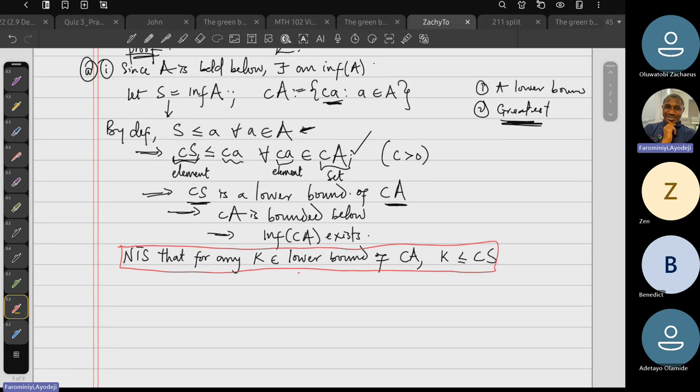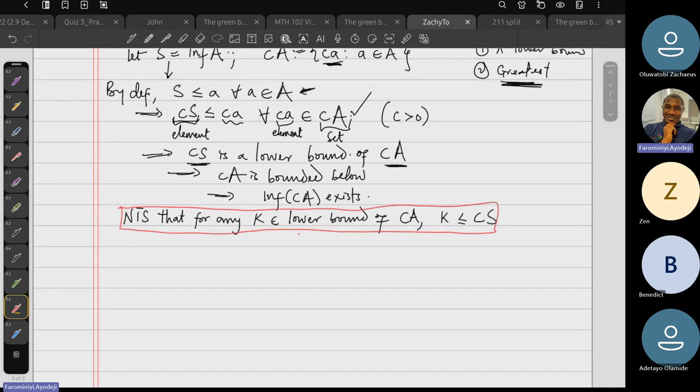So how do we show that? If K is in the lower bound of CA, what does that mean? Suppose K is a lower bound. It should be small letter C and big A. So what does it mean?